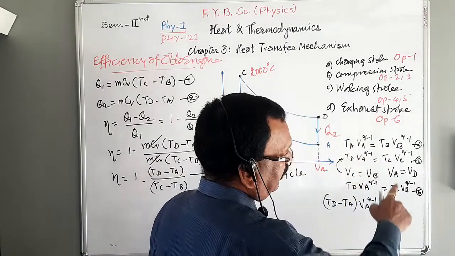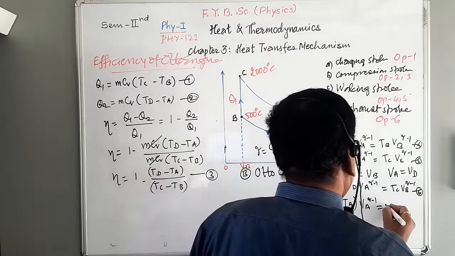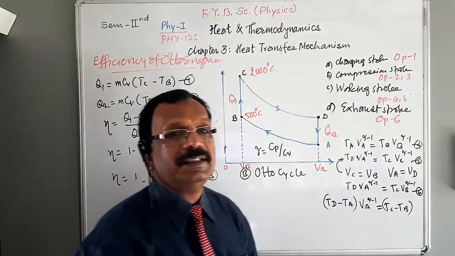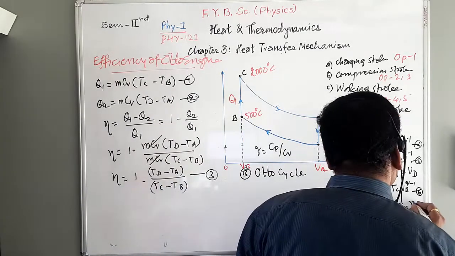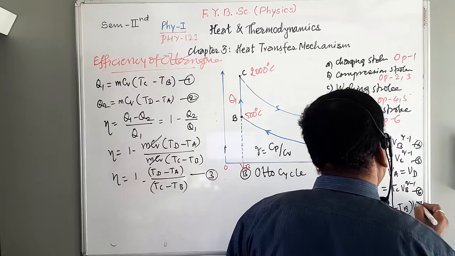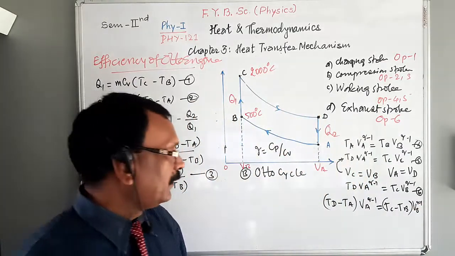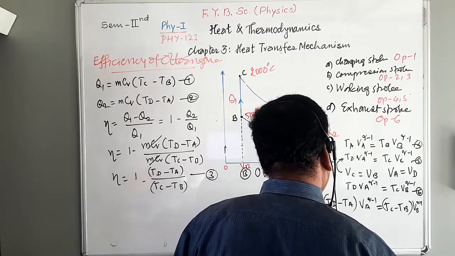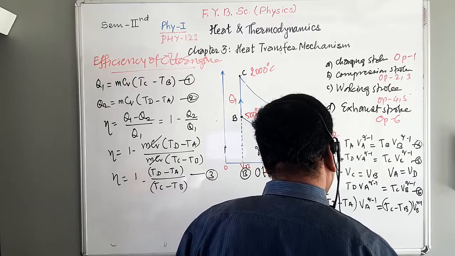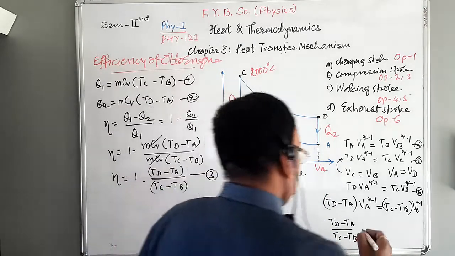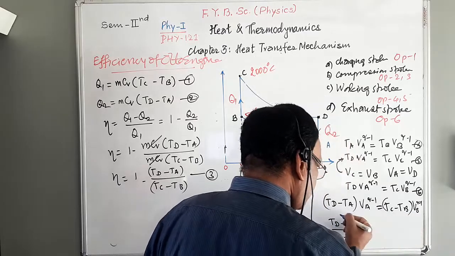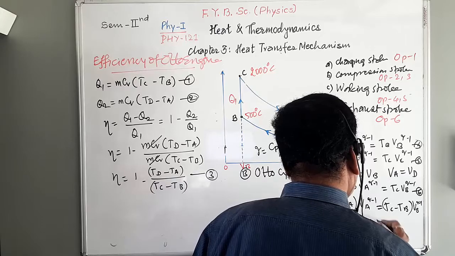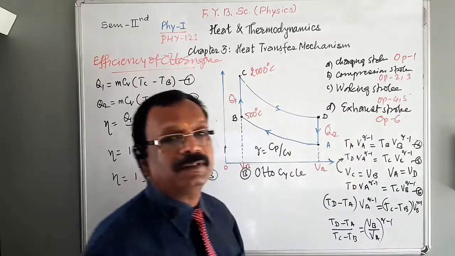Similarly, by subtracting this term from this term, we have Tc minus Tb, Vb raised to gamma minus 1. Or from this, Td minus Ta upon Tc minus Tb is equal to, taking this term toward this side and this term toward this side, Vb upon Va raised to gamma minus 1.